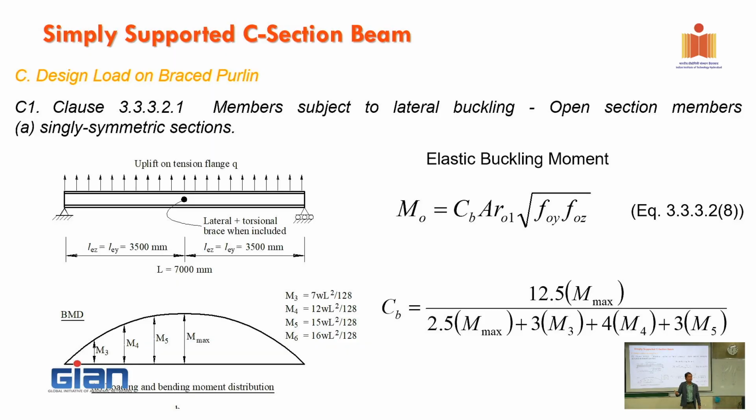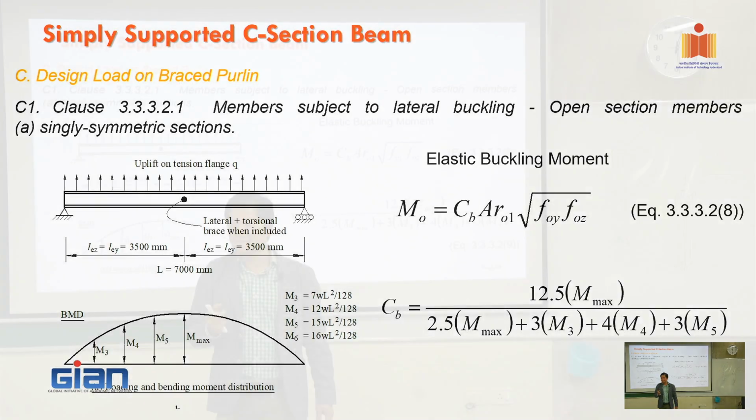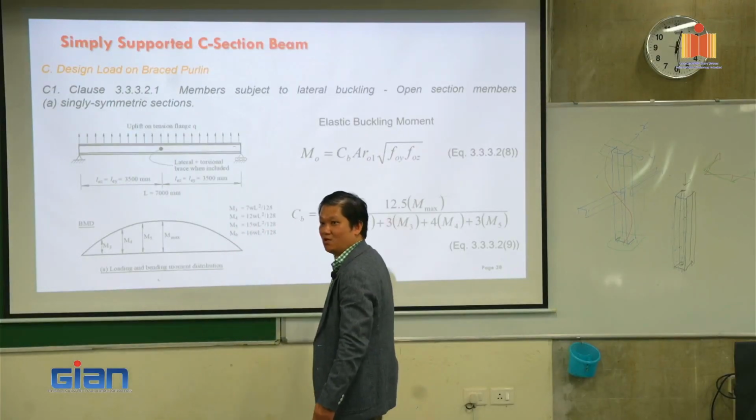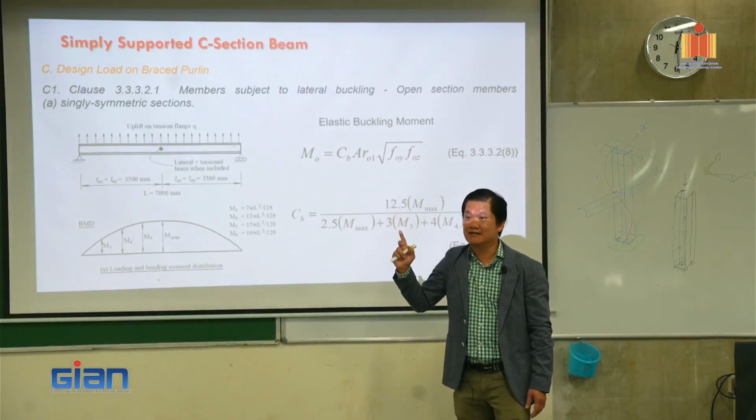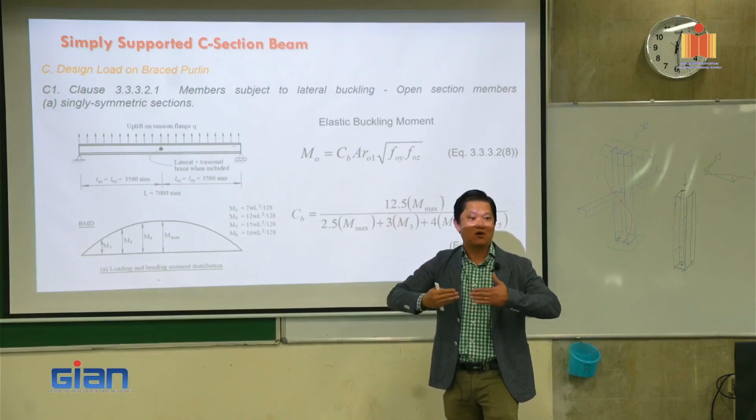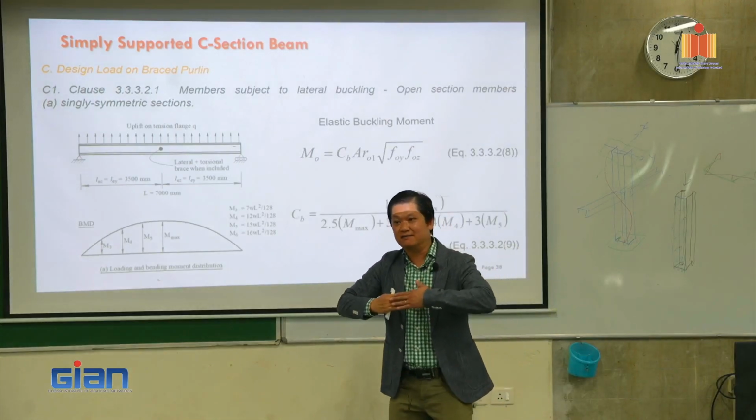Why is there no FOZ? Why is there no FOX? Yeah, you're right. In here, because we talk about elastic buckling, flexural torsional buckling.